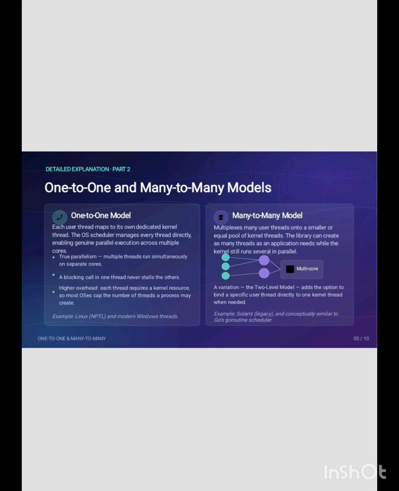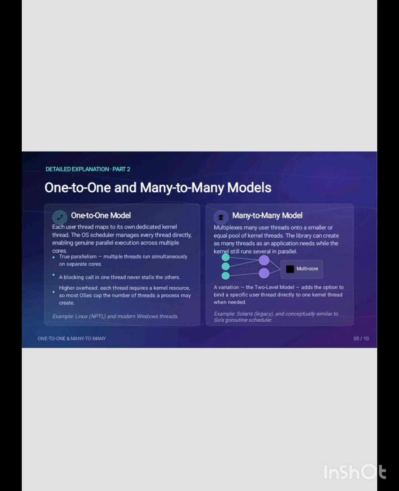First point, true parallelism: multiple threads run simultaneously on separate cores. Second point, a blocking call in one thread never stalls the others. Third point, higher overhead. Each thread requires a kernel resource, so most OSes cap the number of threads a process may create. Examples: Linux NPTL and modern Windows threads.